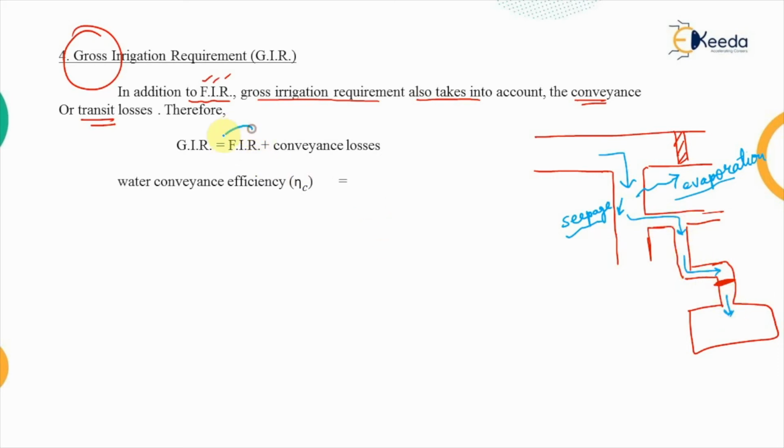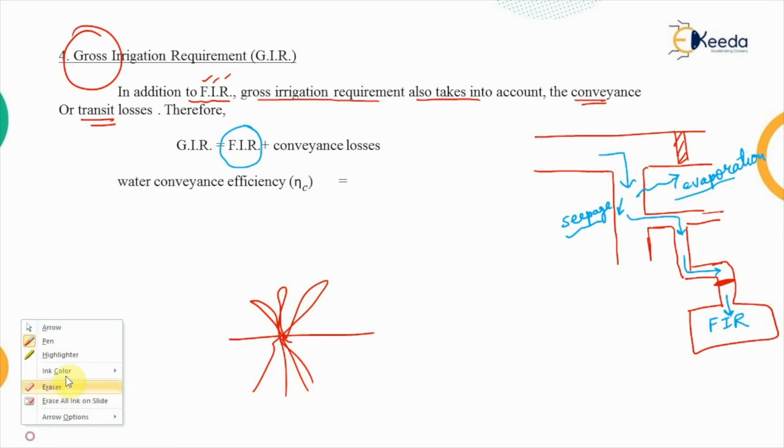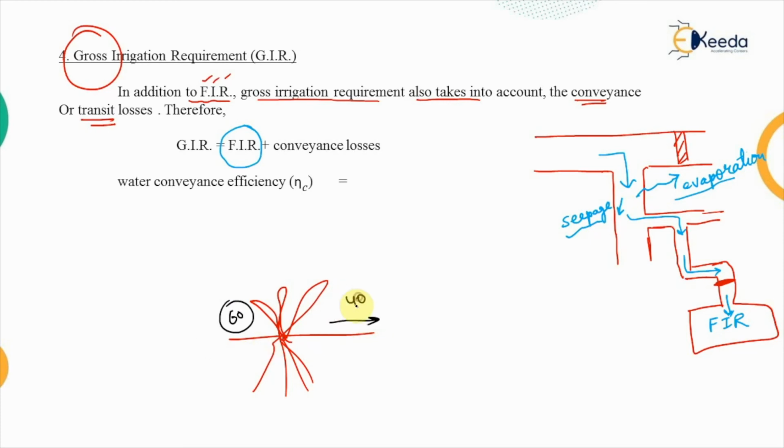That means in addition to the field irrigation requirement, whatever amount of water was required by the field, we have to supply more. We'll take the same example from the previous case: 60 units of water is required by the crop, and 40 is lost in the form of runoff losses, so the total field irrigation requirement was 100.